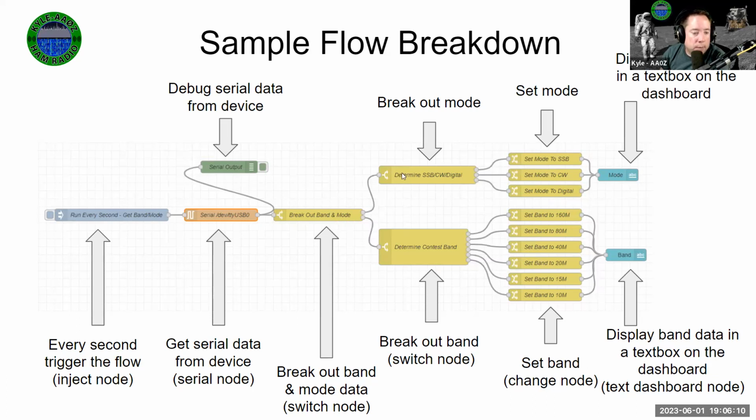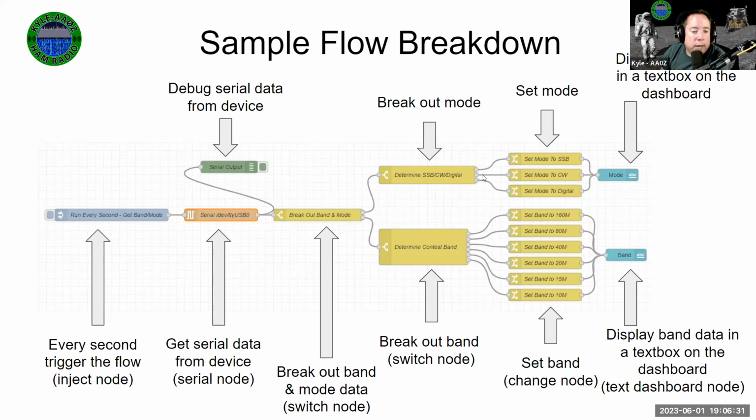So if it's a string that we identify as CW, let's say, then that's going to break out that piece of information. It's going to bring it up here to this second switch node. And then we're going to determine, was it single sideband? Was it CW? Was it digital? What was that value?